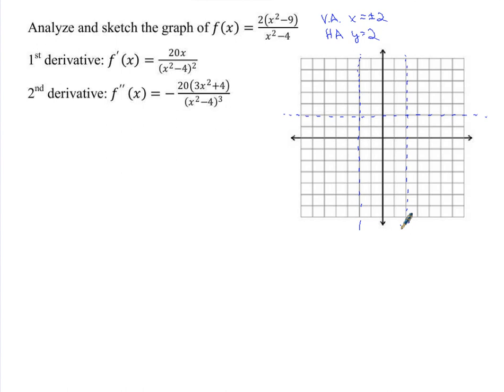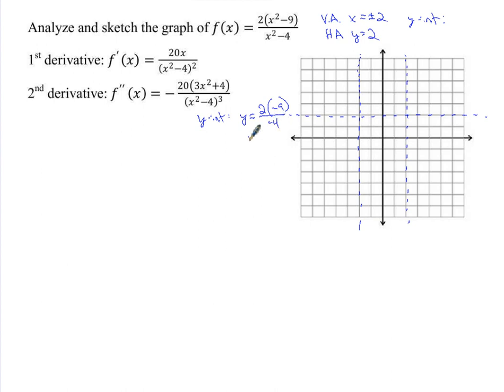So for the y-intercept, we set x in the equation equal to 0. So we would have y equals, x becomes 0, so that's 2 times negative 9 divided by 0 minus 4, which is negative 4.